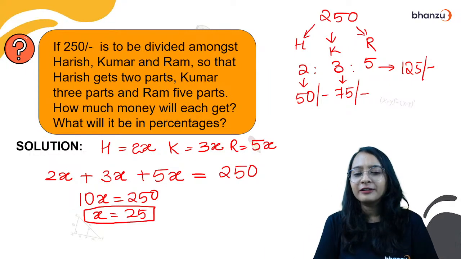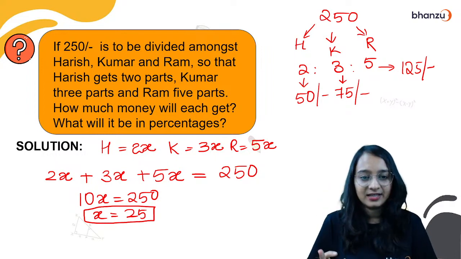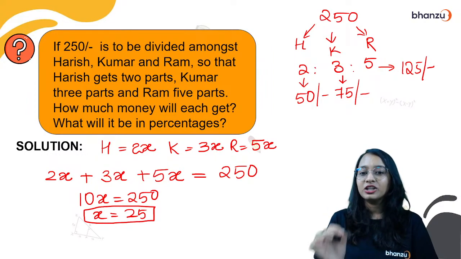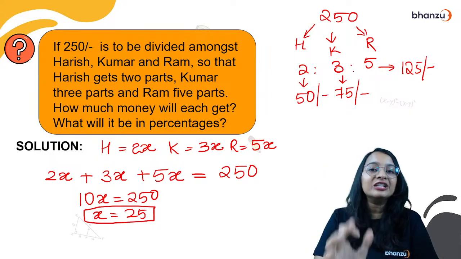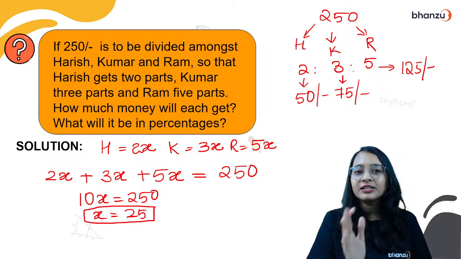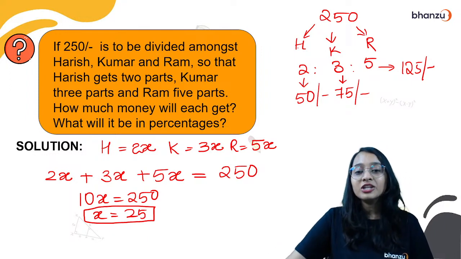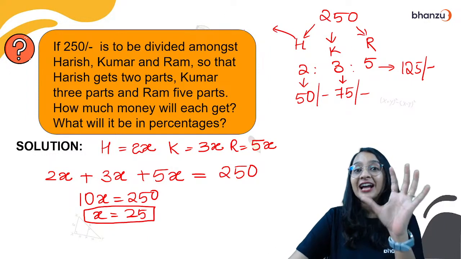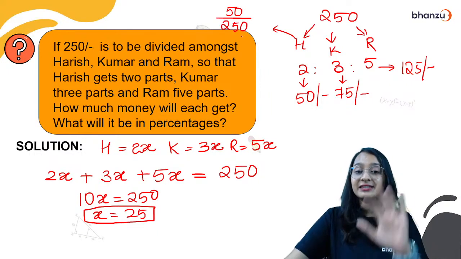Now what do we have to calculate? The main problem here is we have to calculate the percentage. So to calculate the percentage, you need to know what fraction of amount did each of them get. To convert anything into percentage, guys, you first need to know what fraction of it is available, right? Now, when I talk about Harish, what fraction of amount did he get? 50 rupees out of 250 rupees. This is the fraction.